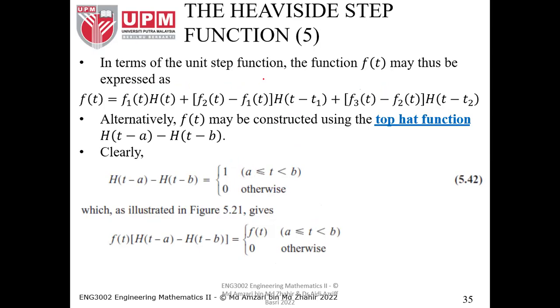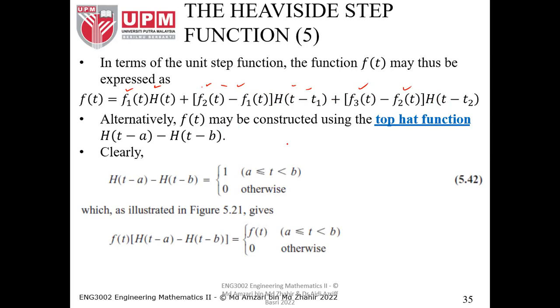So in terms of unit step function, the function may thus be expressed as follows. f(t), the first function f1 times the first H(t), plus f2, function number 2 minus function number 1, times the Heaviside step function of t minus t1, plus function number 3 minus function number 2, times H(t minus t2).